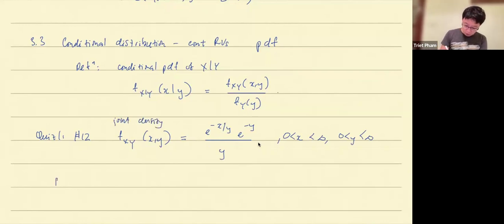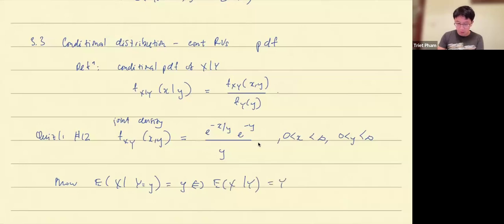They asked you to show that the expectation of x given y equals y. Note that this is the same as saying the expectation of x given y, as a random variable, is just the random variable itself. Okay. So how does this work?